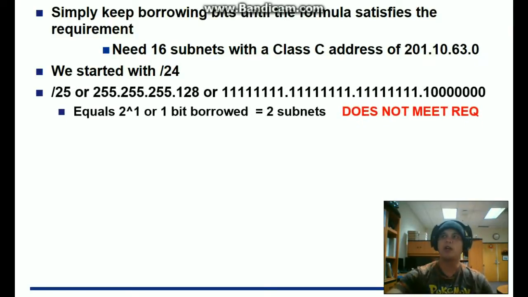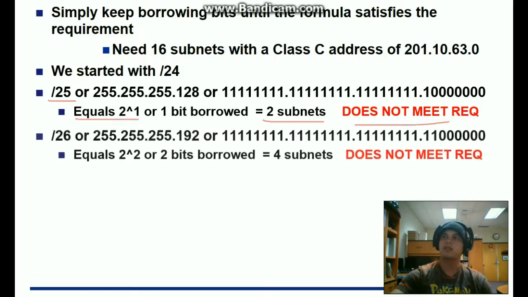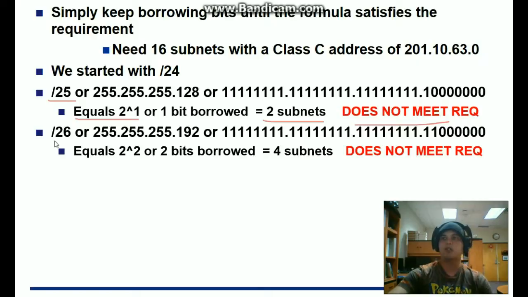So if we borrow 1 bit, /25, that's what it looks like in binary. That's how much it's plugged into the formula. That is how many subnets we get. Does not meet our requirements, so let's move on. /26, we borrowed 2 bits, plug it into our formula, does not meet requirements.